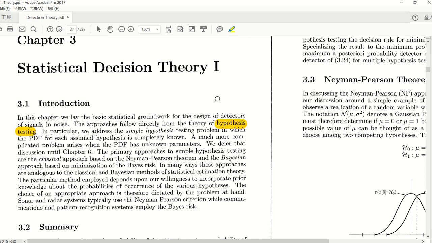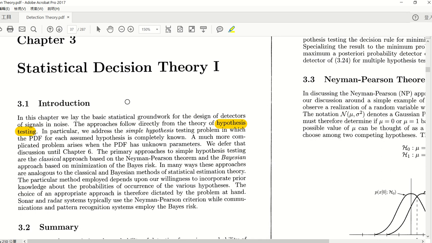Some of them even include moments of the distribution, the second moment, the third moment, the fourth moment, and things like that. Right. So to understand hypothesis testing, the fundamental thing is you get a solid knowledge on the distributions.